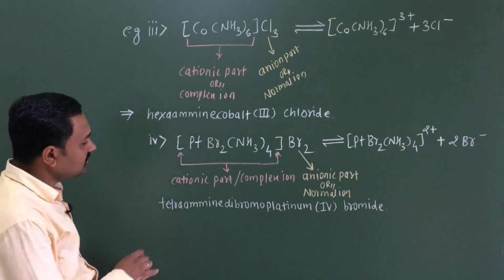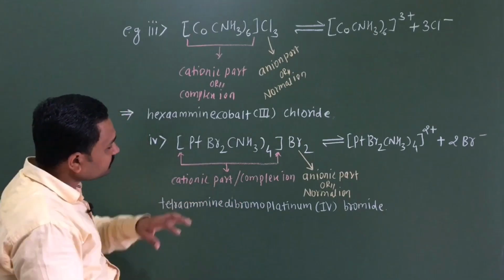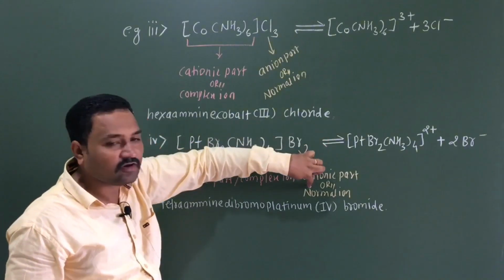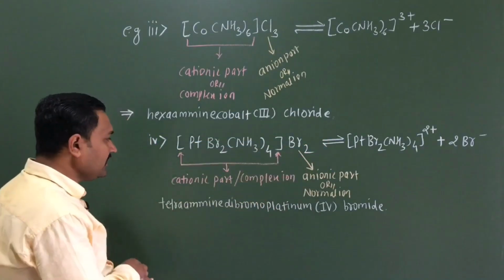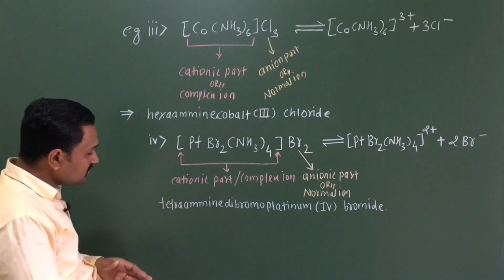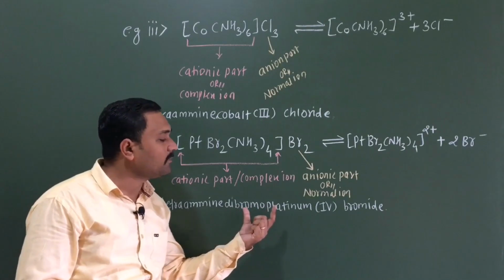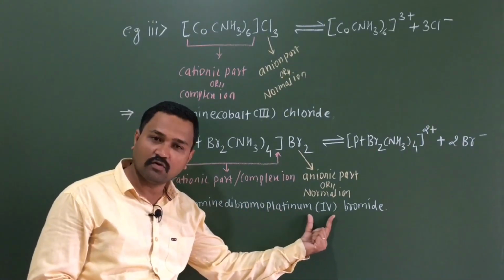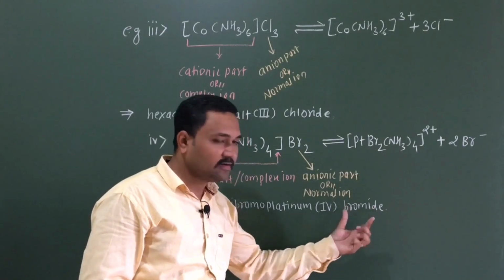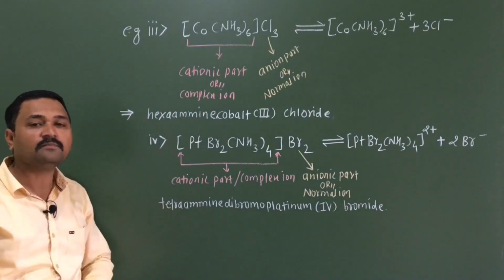We know that this complex ion is the cationic part and this Br2 is the anionic part, or the normal ion. Hence its name should start with the cationic part first. Therefore I have written this name as tetraamminedibromoplatinum, oxidation state 4, followed by the anionic name, that is bromide. So this is about point number one in rule number one.